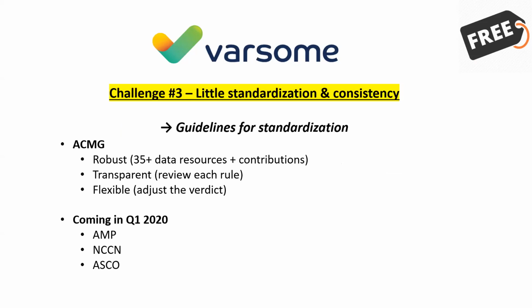And also we are implementing guidelines for standardization of interpretation of pathogenicity. Currently you can find on VarSome the automated interpretation of pathogenicity based on the well-known ACMG guidelines. I will talk about it a bit later. We are also now implementing guidelines for somatic interpretation, such as AMP, NCCN, or ASCO.